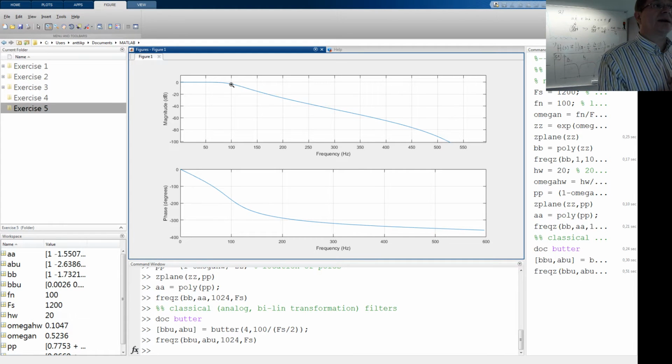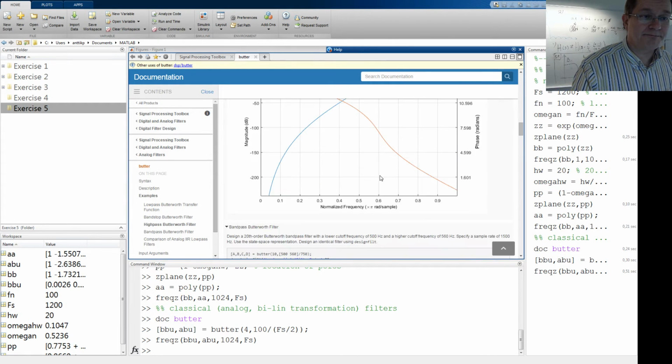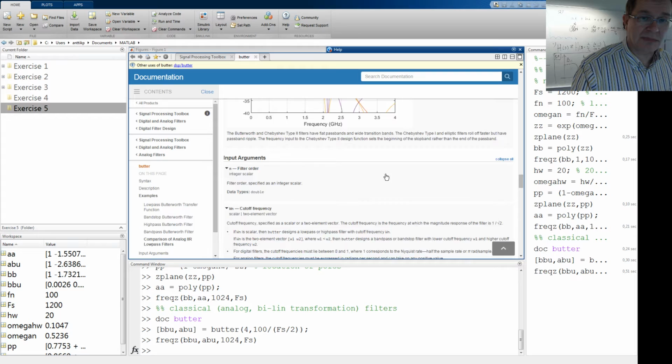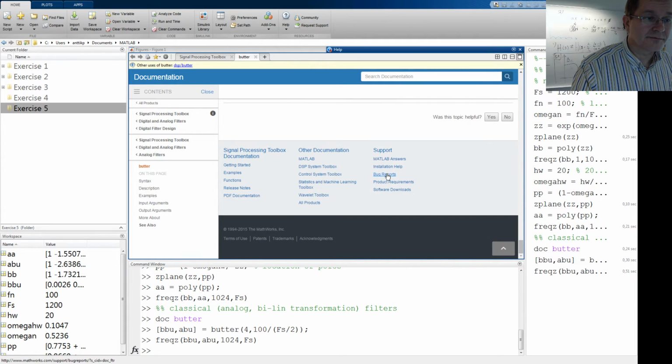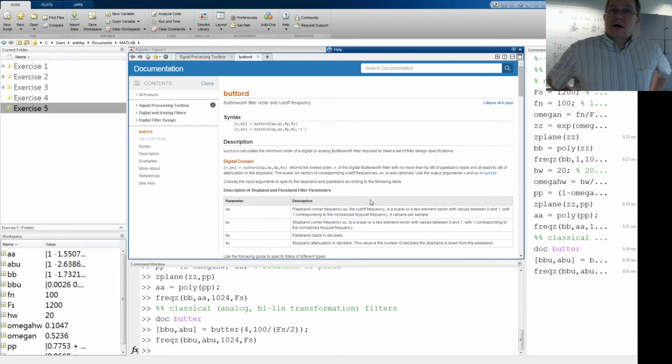Okay, if we had a design where we have to have the attenuation at 300 Hertz at least 60 dB, then there's also a function, buttord, to call to find out the order number for the filter.